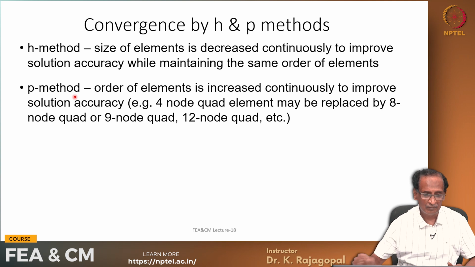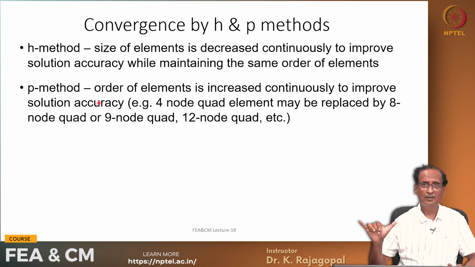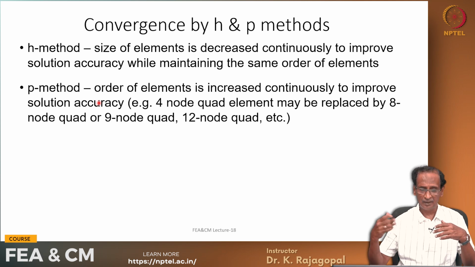And this is the P method, where the size of the element may remain the same. Like let us say initially you have 100 elements, it will continue to have 100 elements, but we may have more number of nodes because we are increasing the order of the elements.